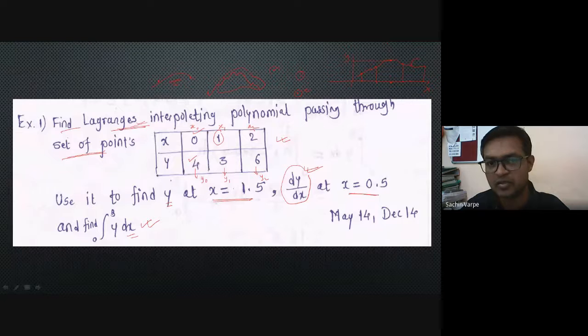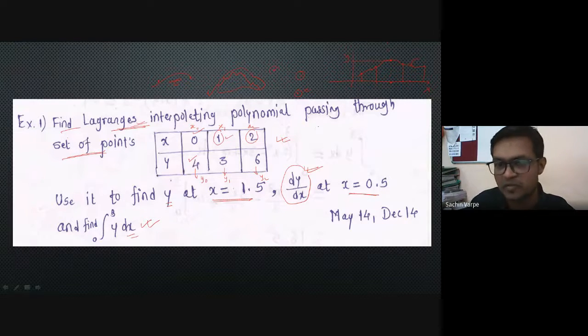Let me show you here only. L0 will be equal to x minus x1 into x minus x2 upon x0 minus x1 into x0 minus x2.